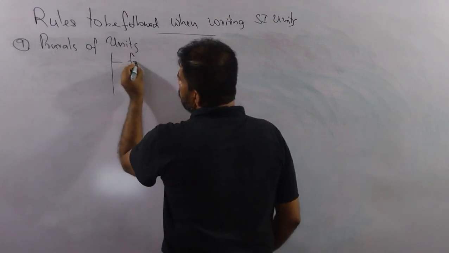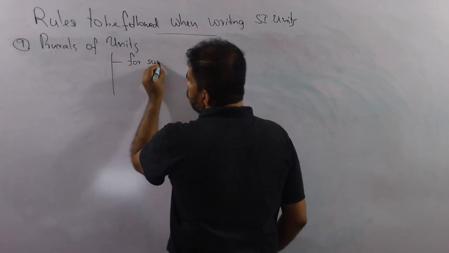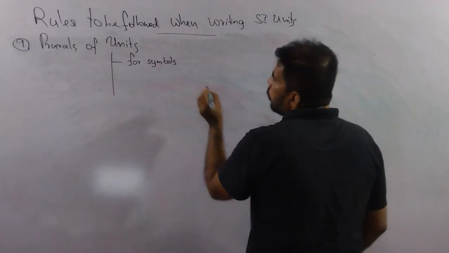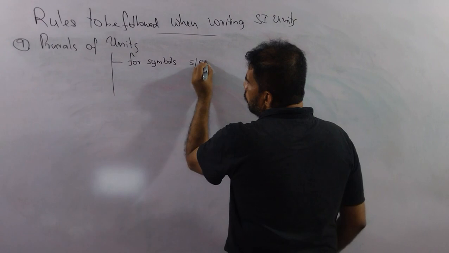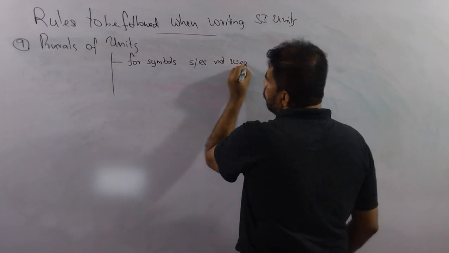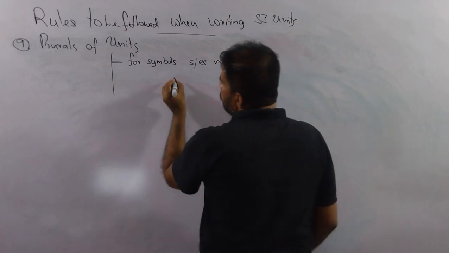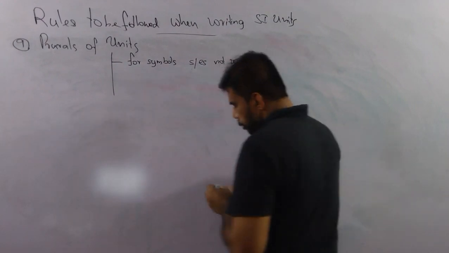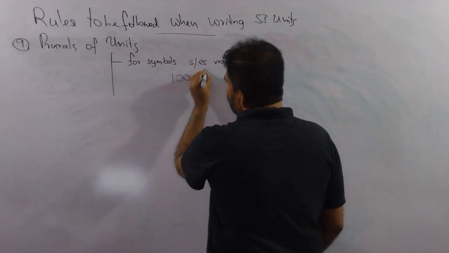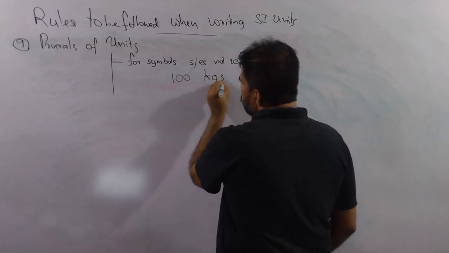For symbols, S or ES is not used. That means you cannot write 100 kgs.